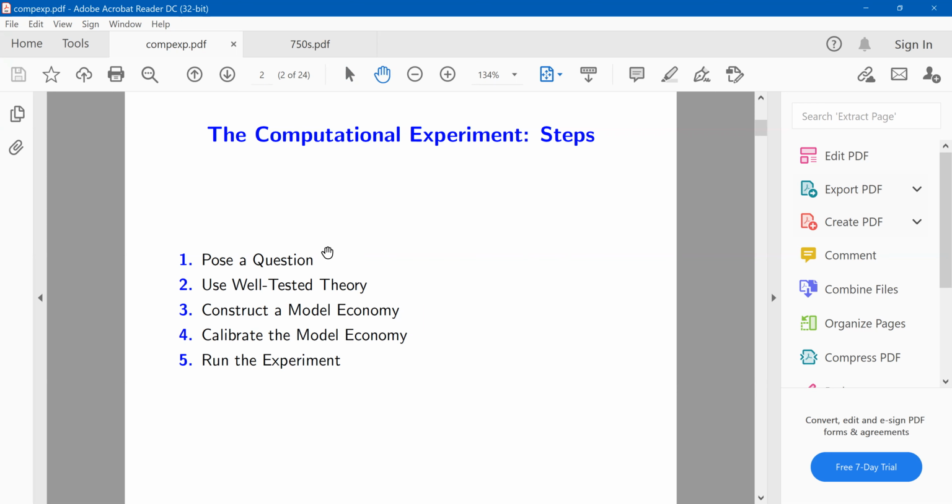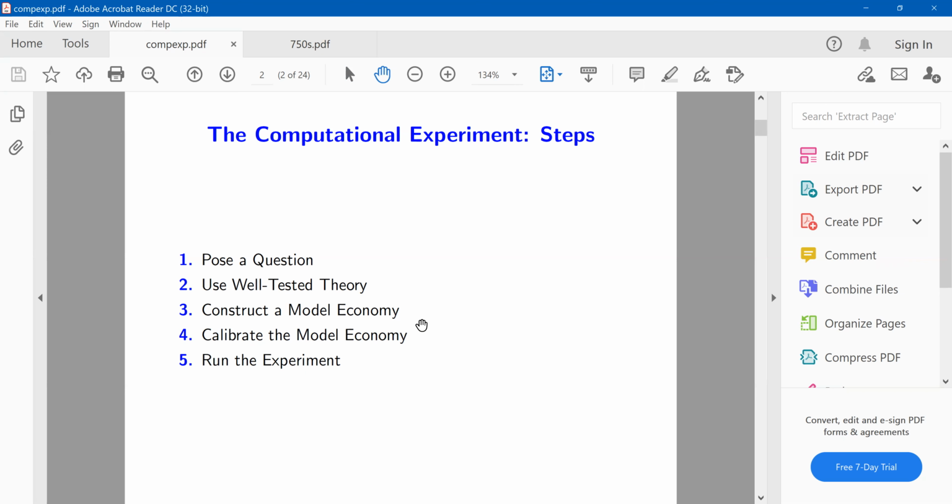So the research question you ask and the construction of the model economy directs you in certain regards, and I will show you what calibration is. I will give you an explicit definition, and then show you how to calibrate the parameters of the model. Usually, when I write constructing a model economy, what I mean is parameterizing the utility functions, the production functions, and all of this stuff.